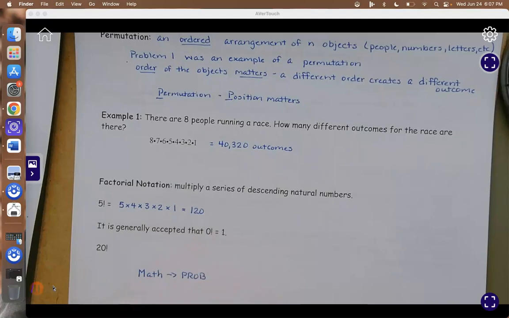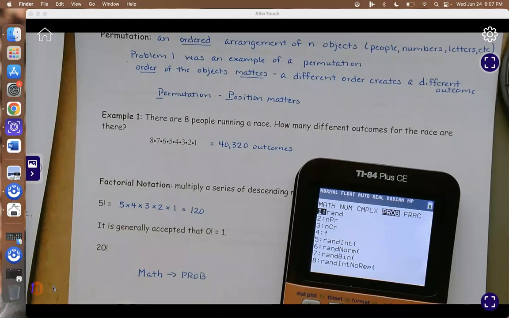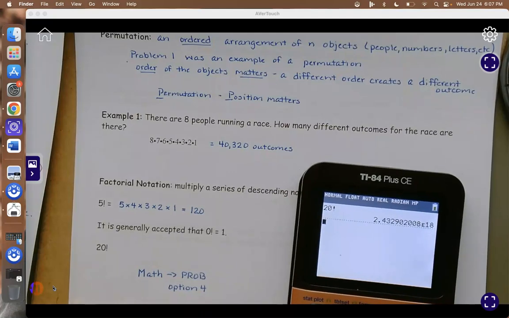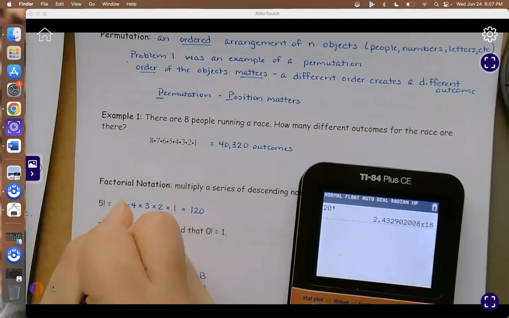Then we're going to select option 4. Okay, so when we select option 4, it puts that there. And what you're going to see, when you see an E right there, that means times 10 to the. So it's scientific notation.